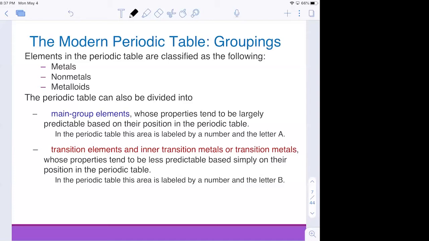Boron, carbon, nitrogen, oxygen, fluorine, and helium, all of those columns or families are the main group elements. The middle section from scandium to zinc, atomic number 21 to 30, those and their families are what we call the transition elements, and the inner transition elements are the lanthanide and actinide series. Now the transition elements, lanthanides and actinides have somewhat predictable properties, but not a whole lot. We can see some trends, but there are really variations with them.